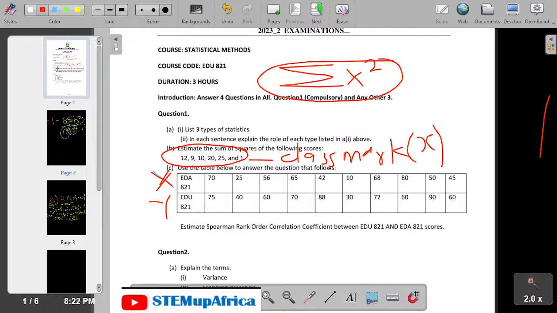So let's see how we are starting with EDA H1, which is first number there is 70. So let's draw the table.